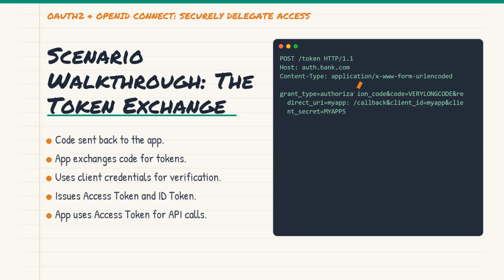If everything checks out, it issues two tokens, an access token, specifically for reading transaction history, with a limited scope, and an ID token, containing your basic user identity information. Secure Bank app securely stores these tokens. It then uses the access token in subsequent API calls to the bank's transaction history endpoint.